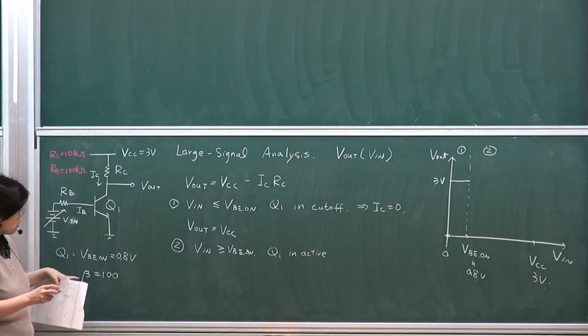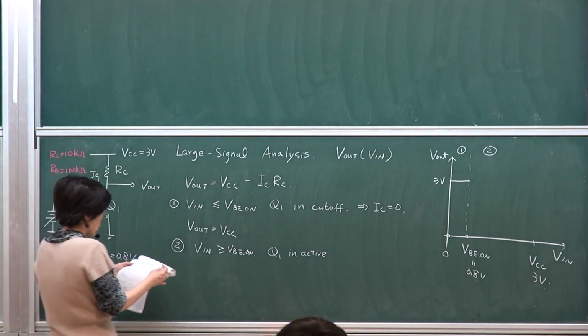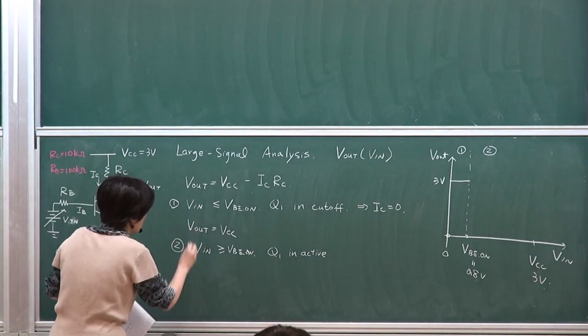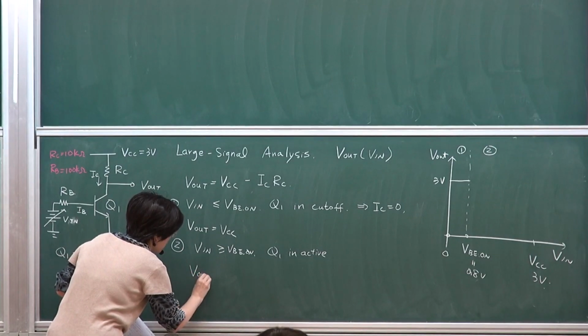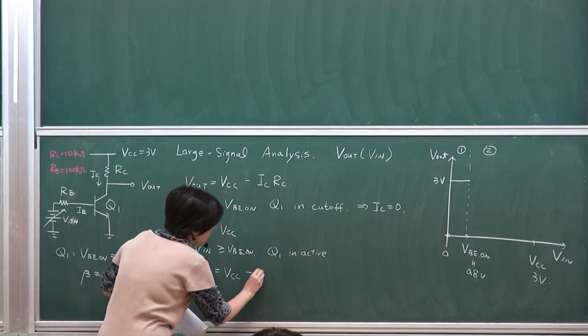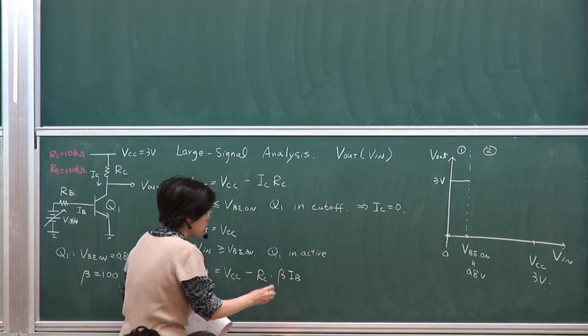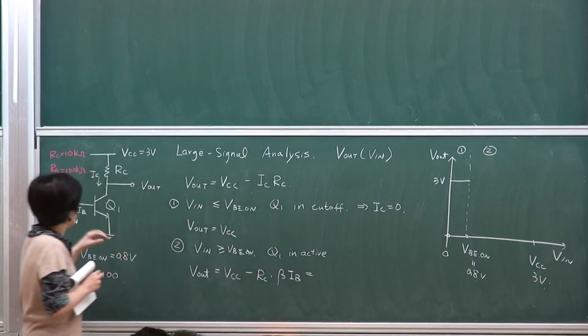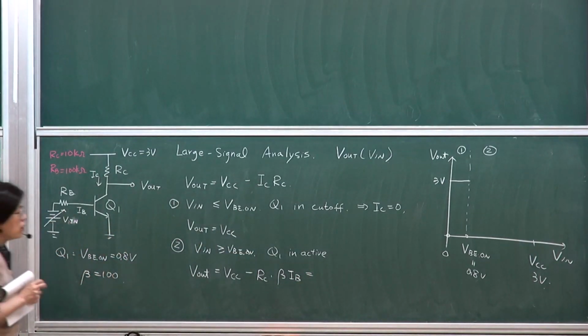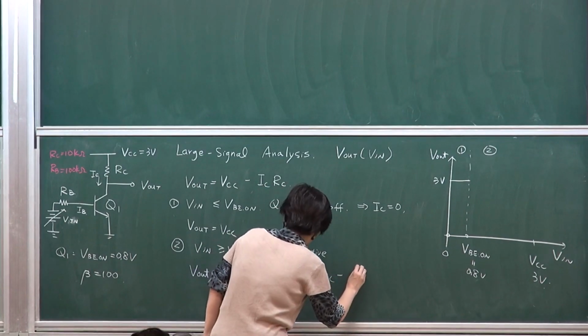In active, therefore, we can use this model. We can use beta essentially. So then your VL will be VCC minus RC times beta IB. So what determines IB? As I said, it will be determined by Vin.